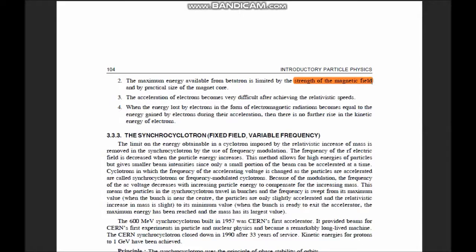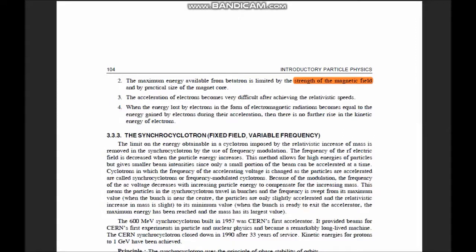But still, with the help of Betatron, up to 300 MeV we can give energy to the electron. So the maximum energy given to the electron is limited whenever the energy lost becomes equal to the energy gained. That means we can no longer accelerate the electrons further, so then we have to take the electron out.